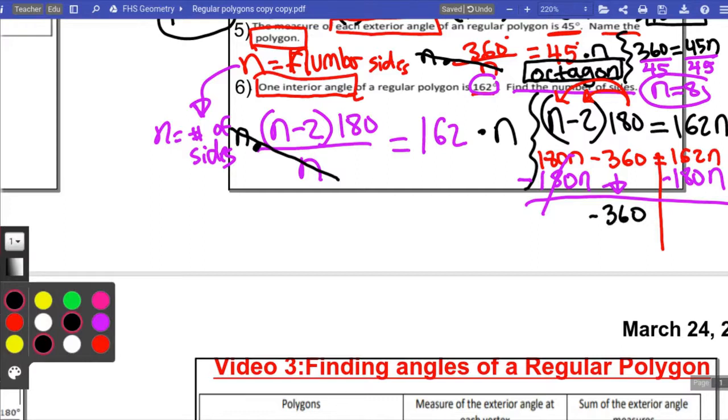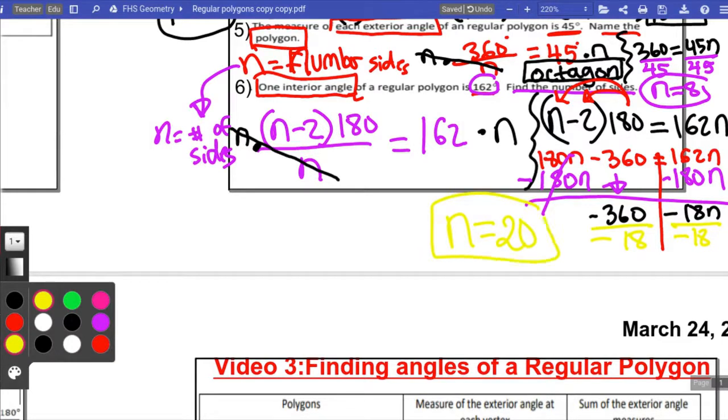What is 162 minus 180? -18n. What do you think the next move is? I believe you're going to divide by -18 on both sides. What is 360 divided by -18? That would give you a positive 20.